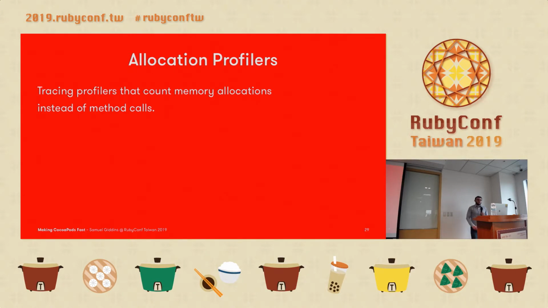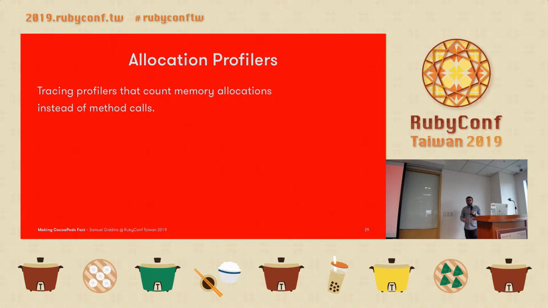So there are also profilers like allocation profilers. This is a specific type of tracing profiler that will count memory allocations instead of method calls. Maybe it'll even say how much memory is being allocated and how much is being deallocated. There's been a lot of work on Ruby with its memory footprint over the past couple of years.